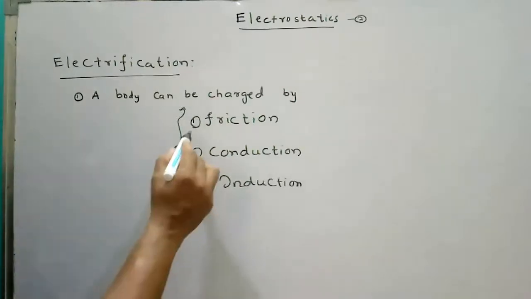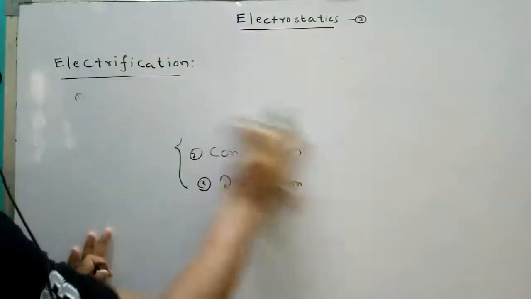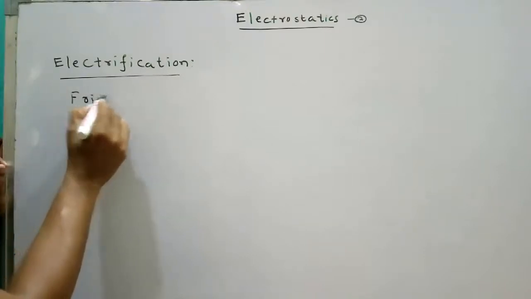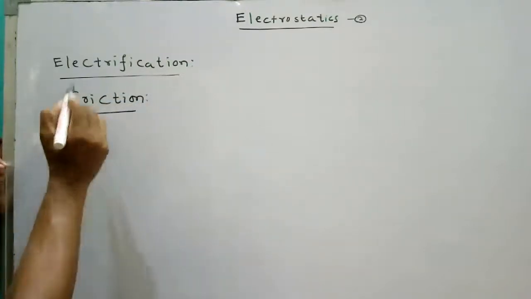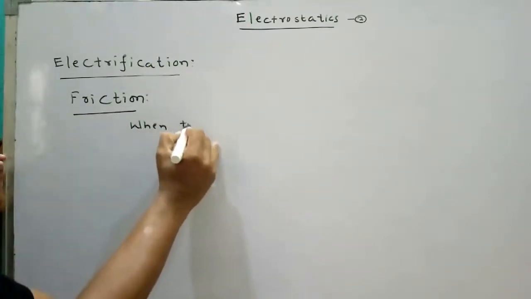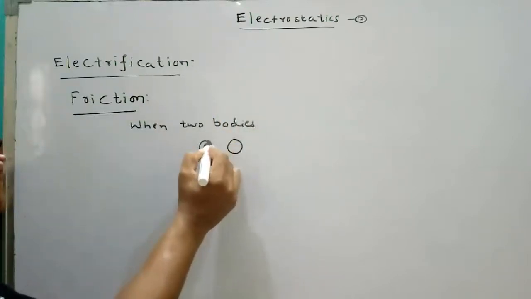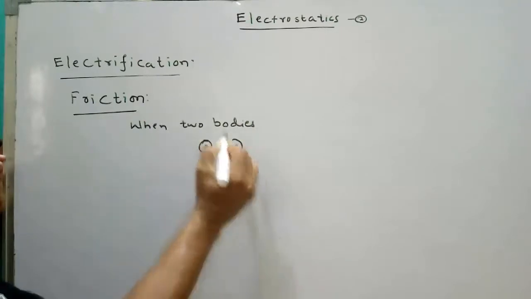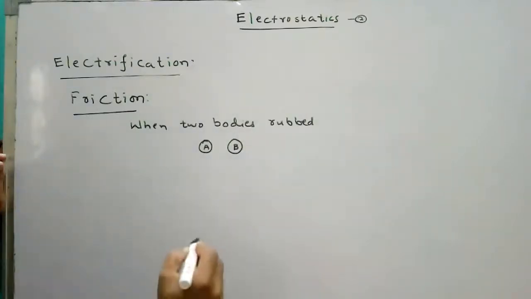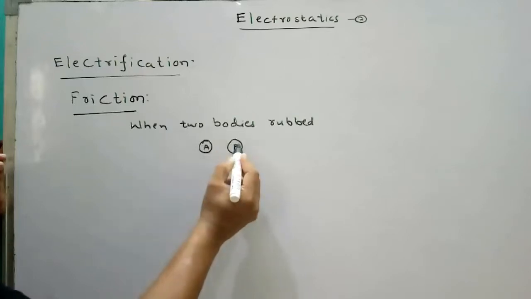So first we have to discuss friction. See here, when two bodies, body A and body B, are rubbed together, then the electrons are transferred from one body to another body.